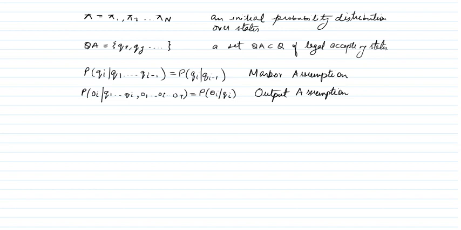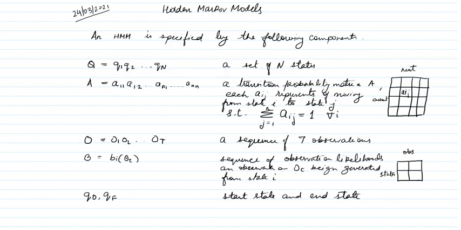Right. So we have a lot of things here, but primarily we require the state transition probabilities and the observation probabilities. So we require the transition probability matrix and the observation likelihoods, and if we have only this much, then we can do something with the help of hidden Markov models.